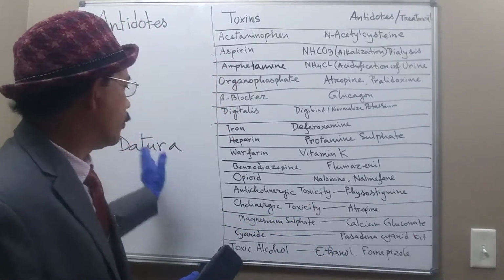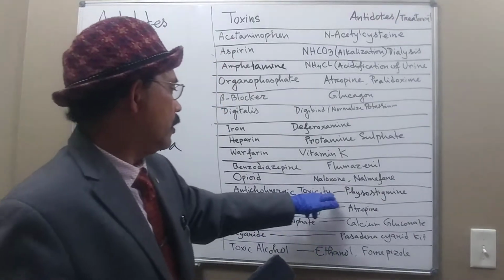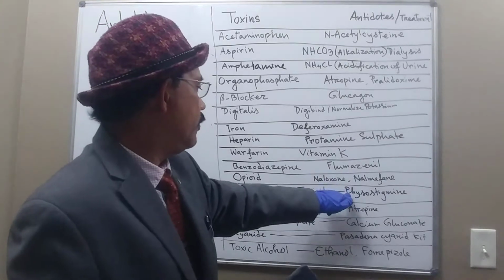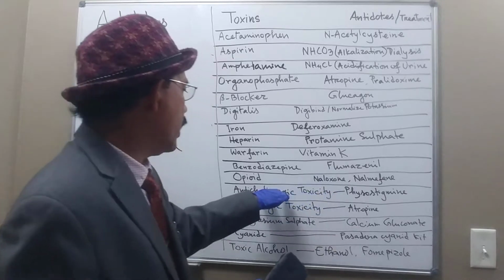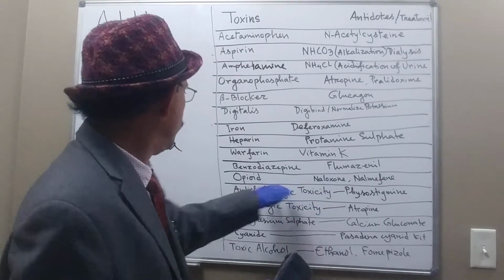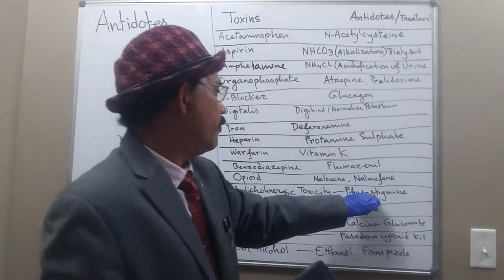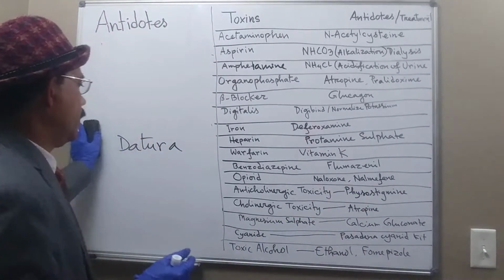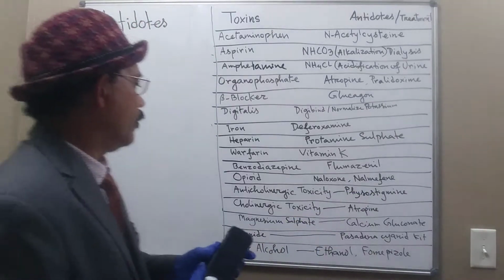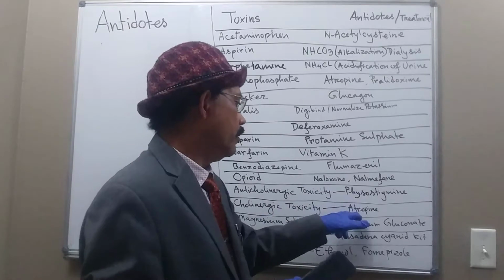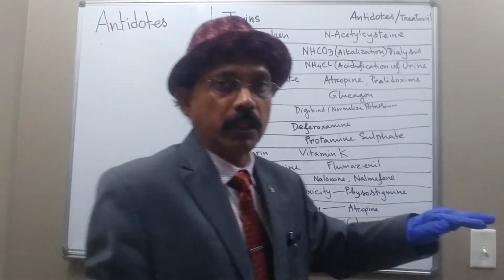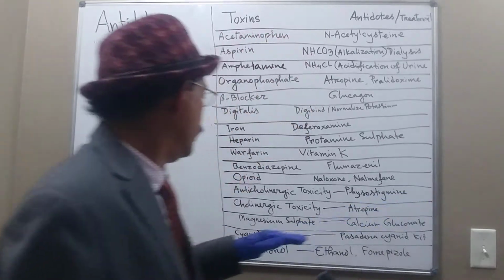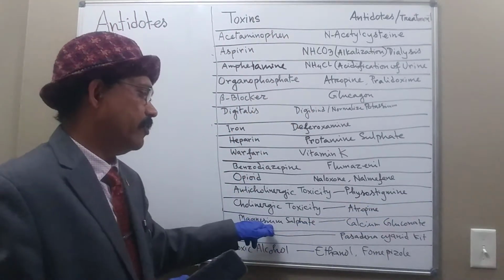Datura poisoning is managed by physostigmine, to manage the anticholinergic toxicity. Like that, if we have cholinergic toxicity, we manage that by atropine. Atropine counteracts the acetylcholine.